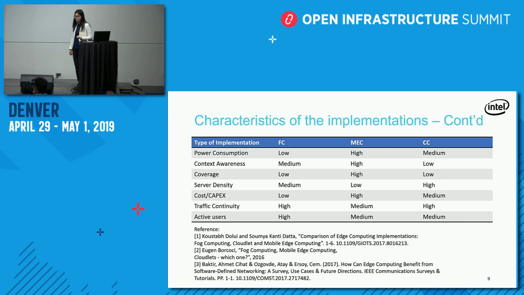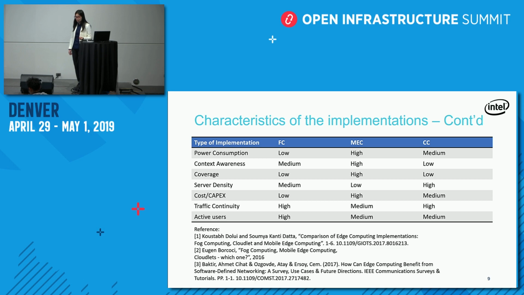There are also differences in power consumption, just related to the computation power I mentioned before. It's also related to the mediums. The MEC is co-located with base stations and network controllers, so it may have more power consumption, but fog computing nodes are small and reside on these near-end devices, so they could have less power consumption. And for context awareness here, it relates to both the environment and the location.